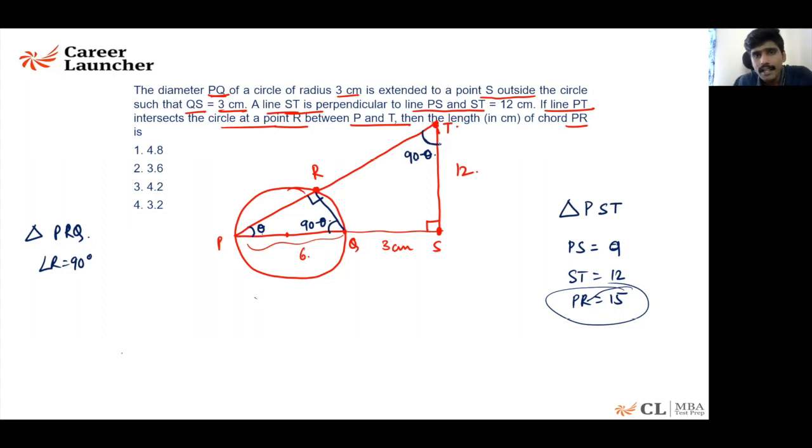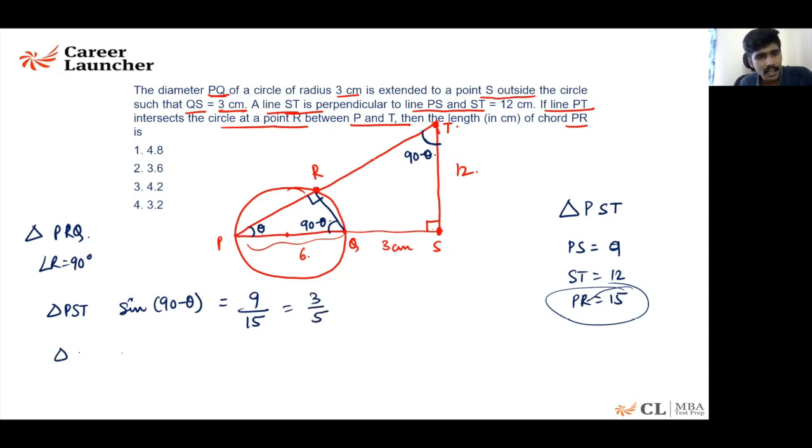Now you look at angle 90 minus theta. The side opposite to 90 minus theta is PS. PS is equal to 9. So sine of 90 minus theta in the larger triangle, in triangle PST, is 9 upon 15, which is equal to 3 by 5.